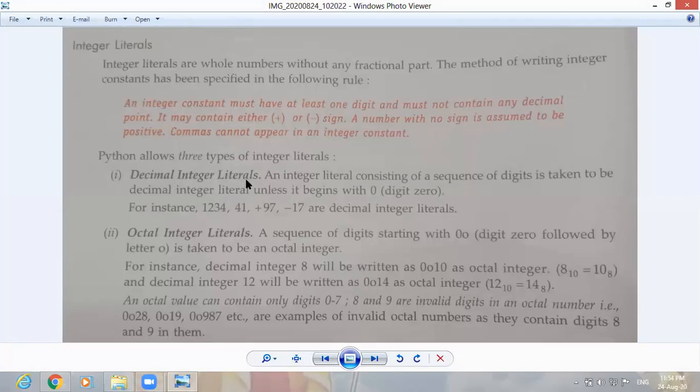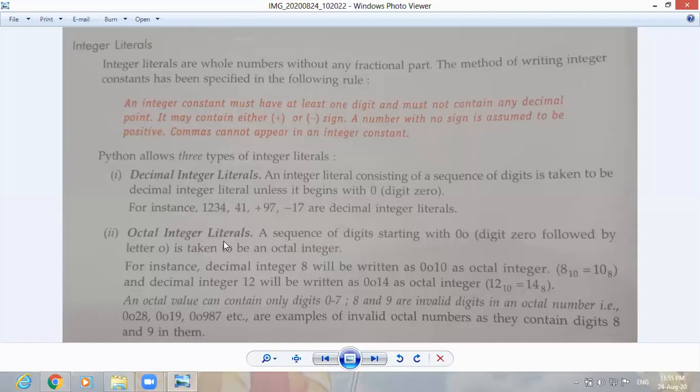It may be positive or it may be negative, like from 0 it goes to minus 1, minus 2, minus 3, like this. For instance, examples given are 1234, 41, plus 97, minus 17. These are examples of decimal integer literals.